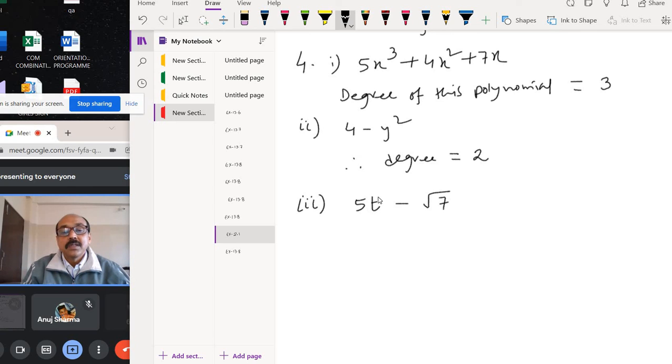So 5t, t power is 1. So the power is 1, that means degree 1. Maximum power is 1, so therefore the degree equals 1. The degree of this polynomial is 1.